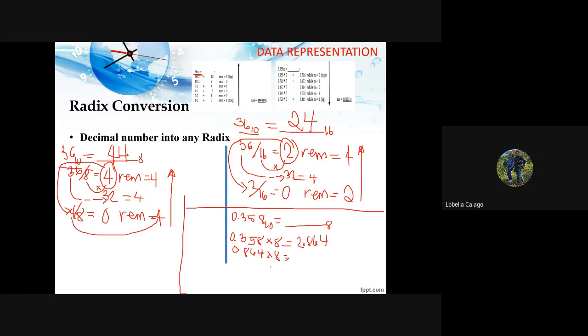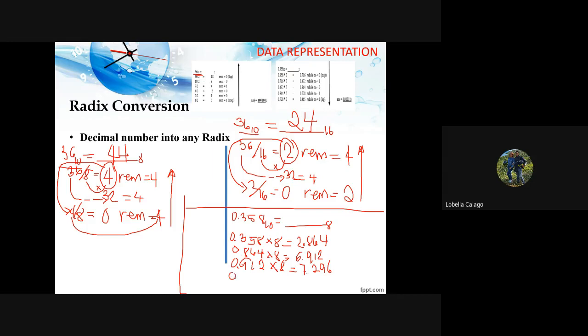0.864 times 8 again. We have 6.912. Ngayon, si 0.912 times 8. I-multiply ulit sa 8. We have 7.296.